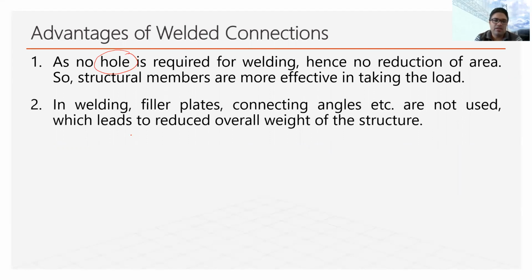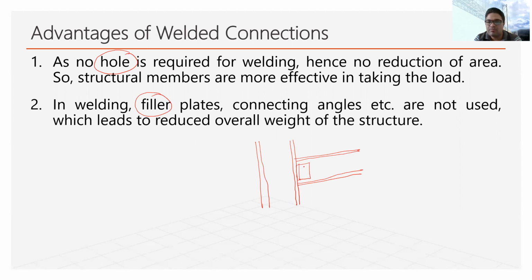In welding, filler plates, which are the packing plates, and connecting angles, etc., are not used, which leads to reduced overall weight of the structure. In bolted connections, you may have seen, like if I give you an example, if this is a column, and this column is about to connect with the beam, then to connect the beam with the column, we are supposed to provide some angles, which are called cleat angles.